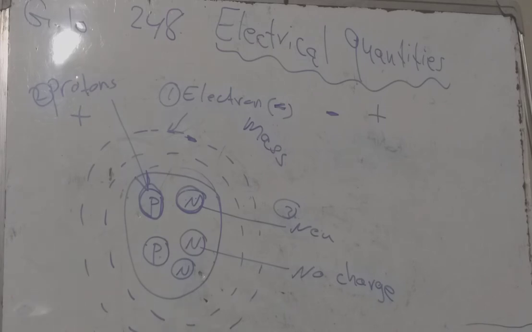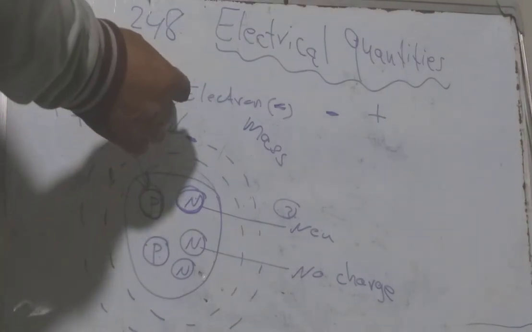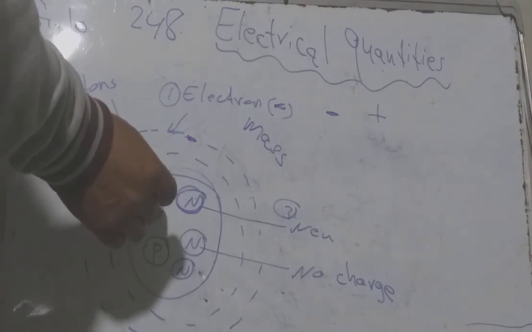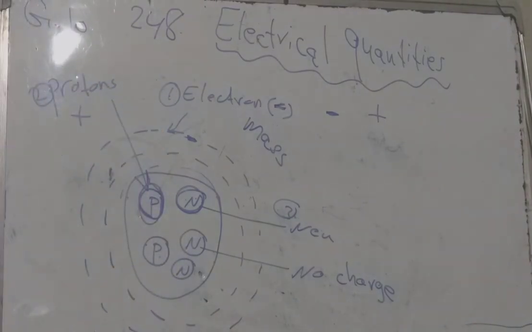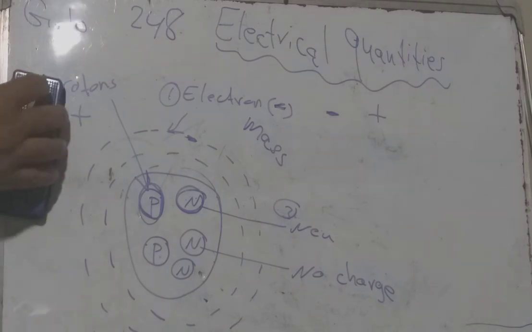So if the number of electrons becomes more than the number of protons, what happens here? The atom will carry an overall negative charge. We will draw this figure again with some more details.